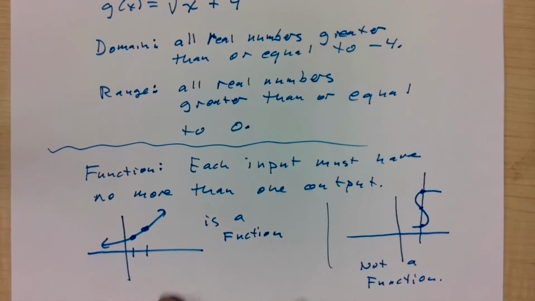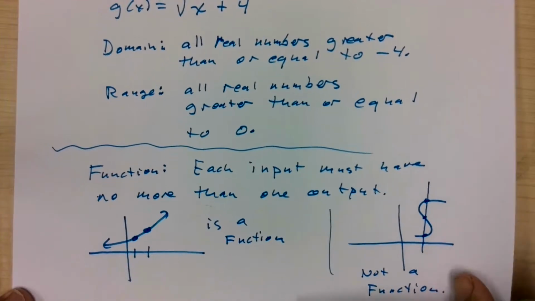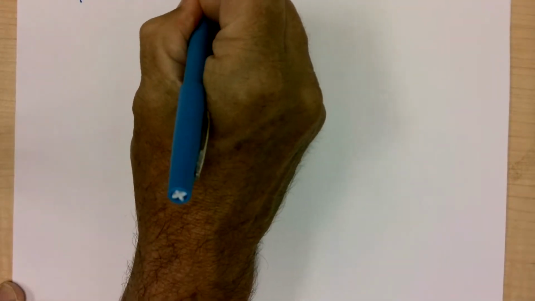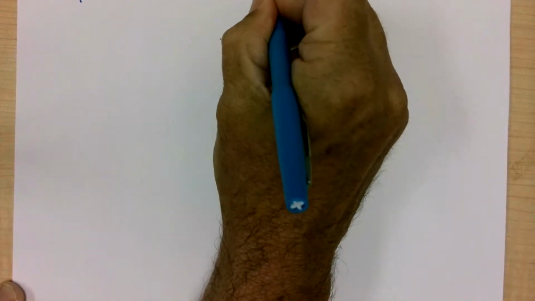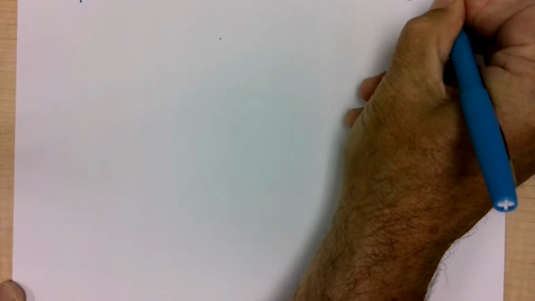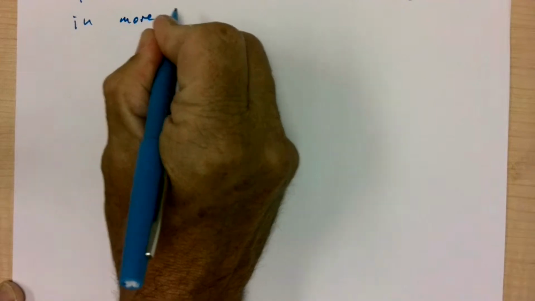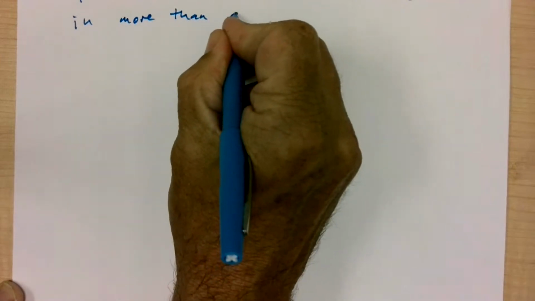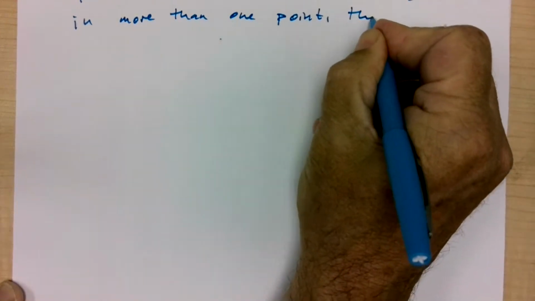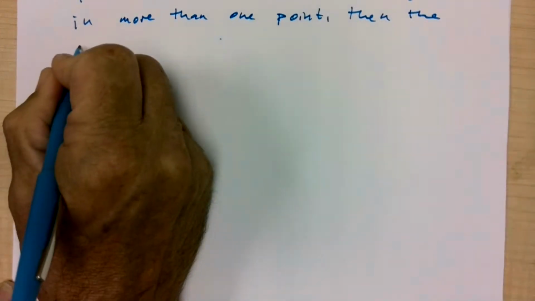And that indicates to us what the vertical line test will be. So let's go ahead and say that. If a vertical line cuts a graph in more than 1 point, then the graph is not a function.